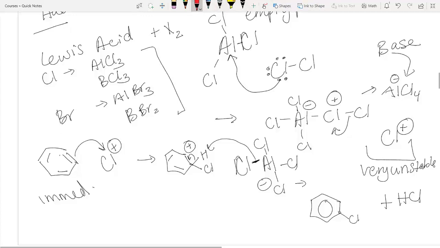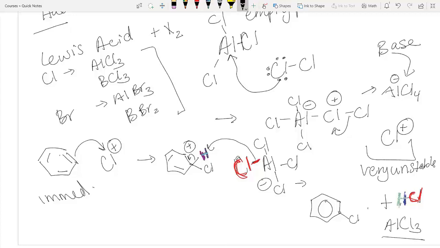So I'm going to use a slightly different color. This chlorine came from here. It doesn't matter which of the chlorines you started with. And you'll get your AlCl3 back.